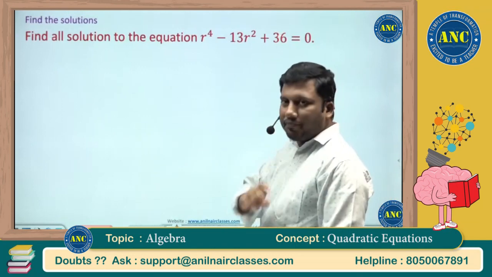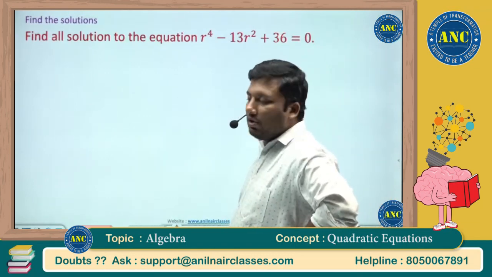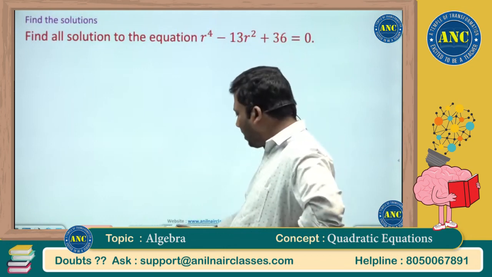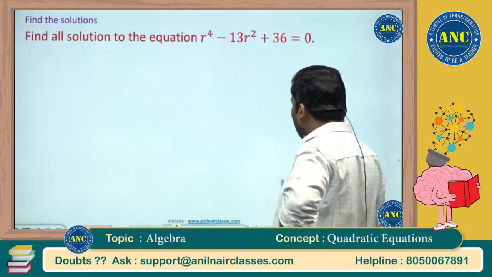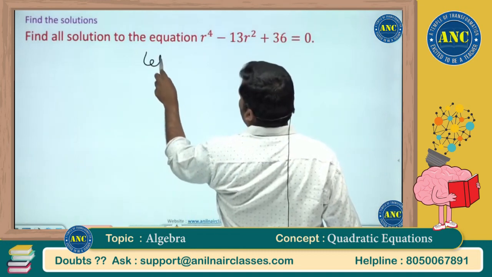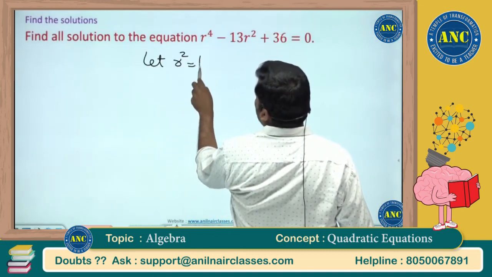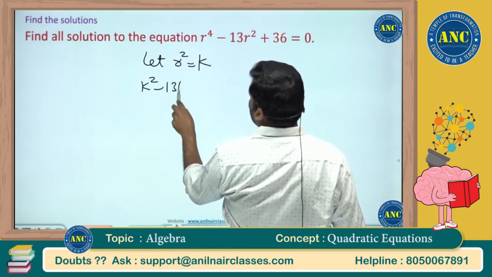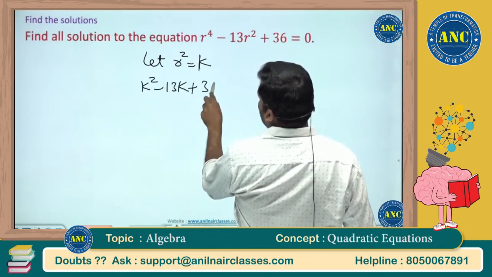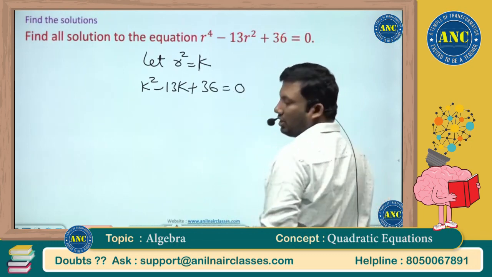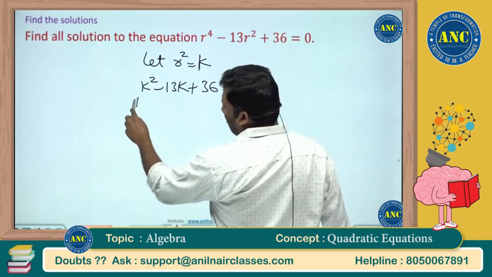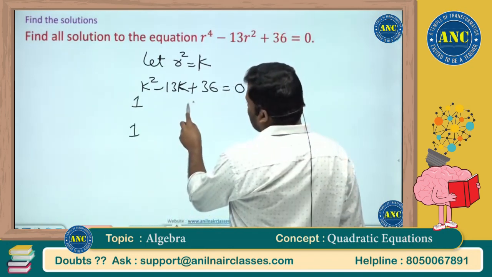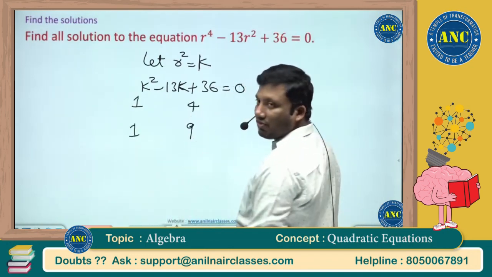Now, next one. Find all the solutions to the equation r power 4 minus 13 r square plus 36 equivalent to 0. Let r square equivalent to K. Then this will become K square minus 13K plus 36 equivalent to 0. Coefficient of K square is 1. 1 ones are 1. 36, factors are 4 9s are 36.